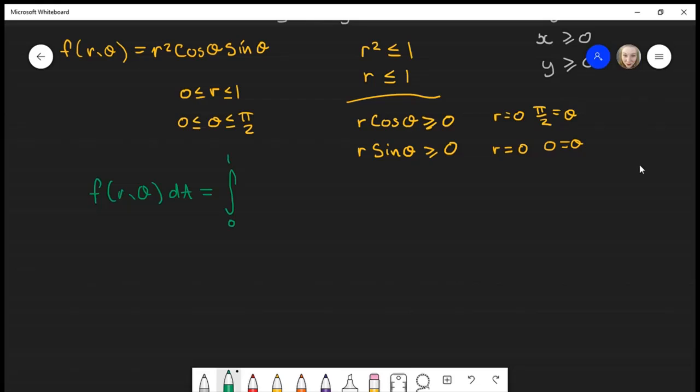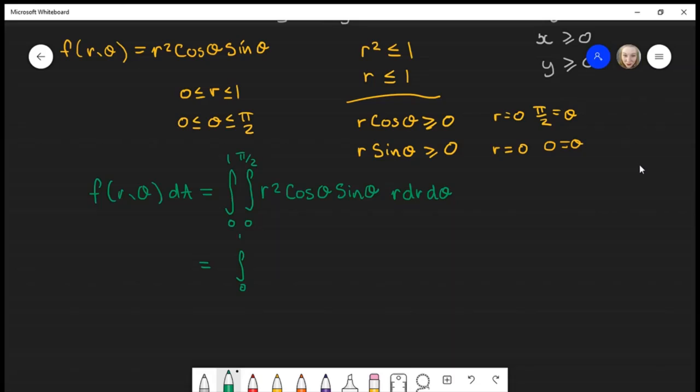Zero and 1 for r, 0 and pi over 2 for theta, and the function is r squared cos theta sine theta. And remember, when we're doing an area, it's r dr d theta.